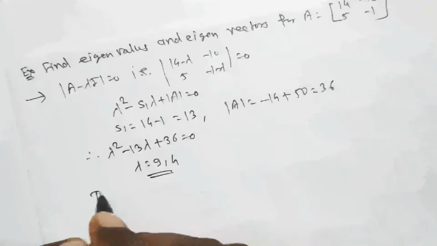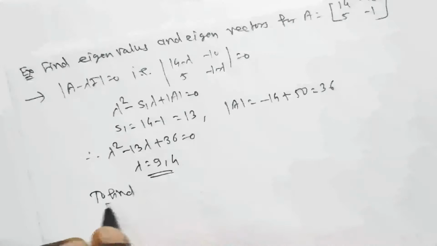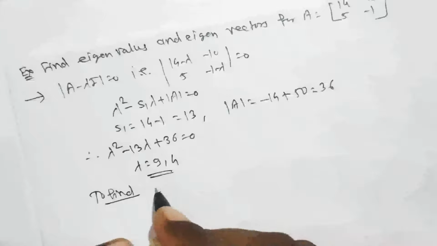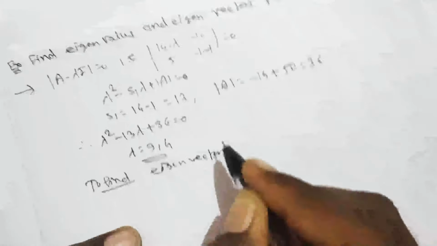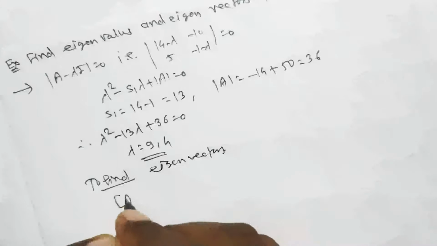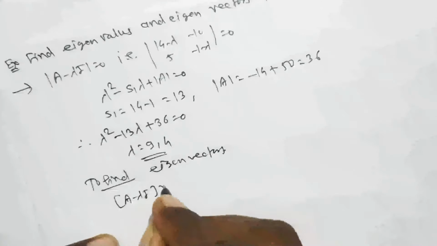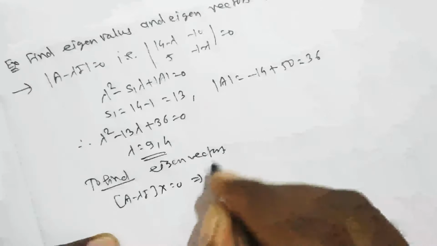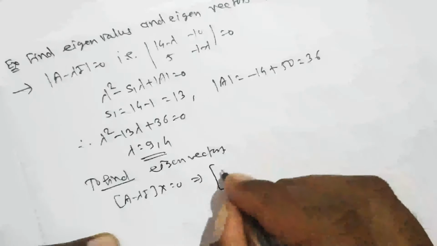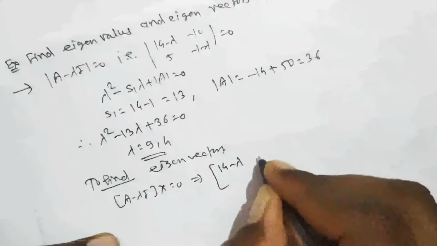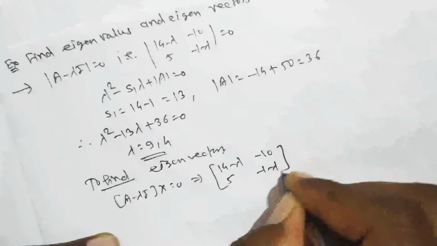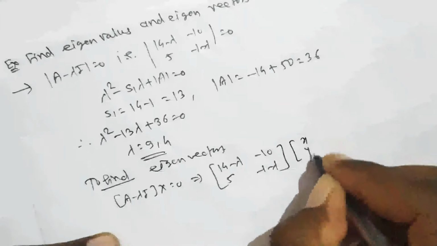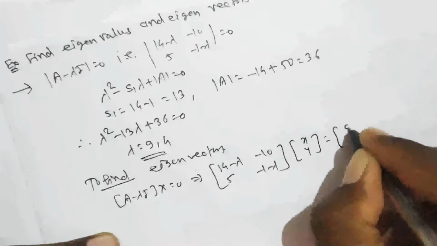Now it is a 2 by 2 matrix, so it has two eigenvalues. So we have to find the eigenvectors of each eigenvalue now. For the eigenvector we have to consider the characteristic matrix: A minus lambda into x is equal to 0, that is, the A minus lambda matrix is 14 minus lambda, minus 10, 5, minus 1 minus lambda, into x, that is xy, say, equal to 0 0.